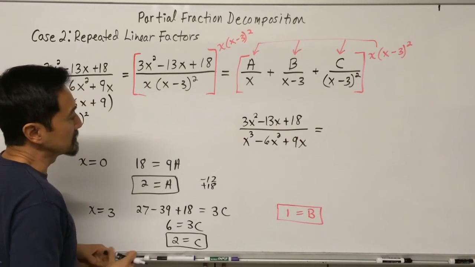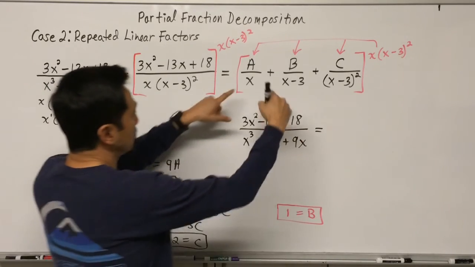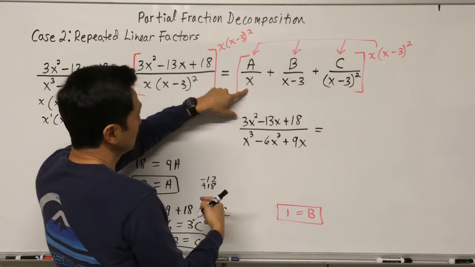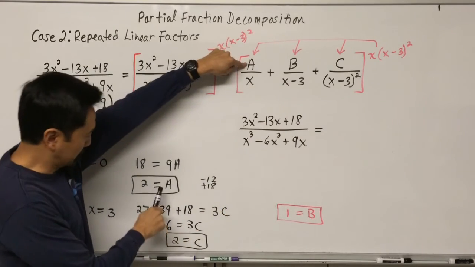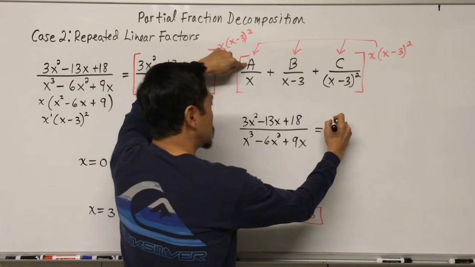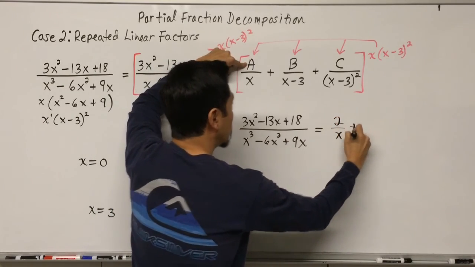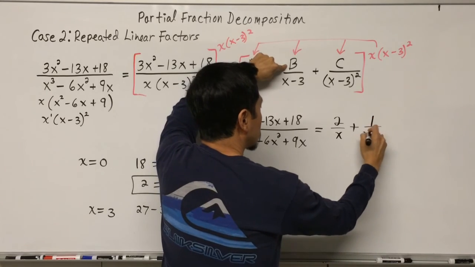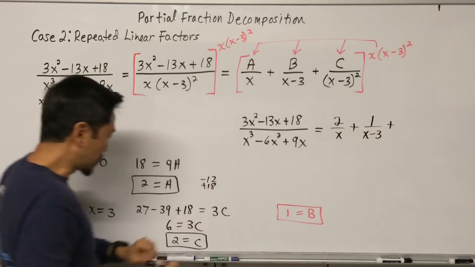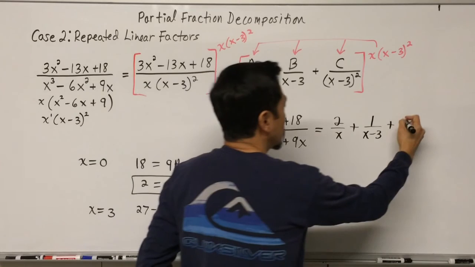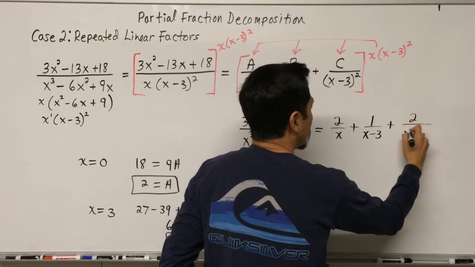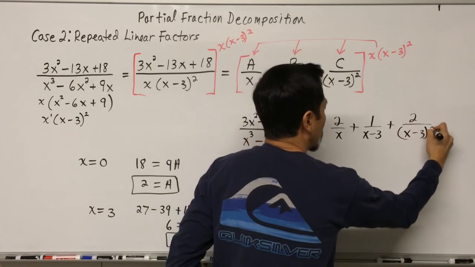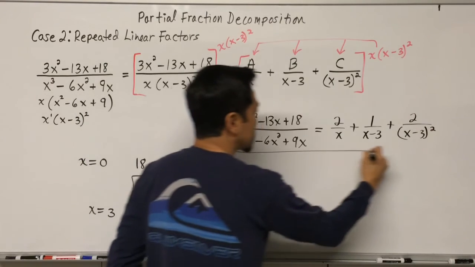Now we know that that will decompose or break down into 3 separate fractions where the a is what? A has been determined to be 2, so we have 2 over x. Then we've got b, which is 1, over x minus 3. We've determined what c was. C is 2. So we've got 2 over (x minus 3) quantity squared. Okay, and that is our decomposition.